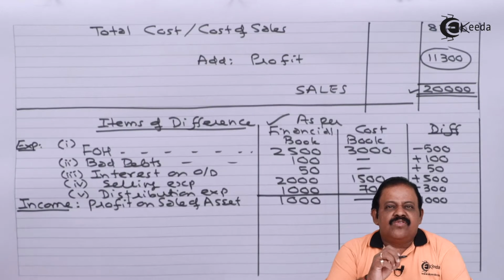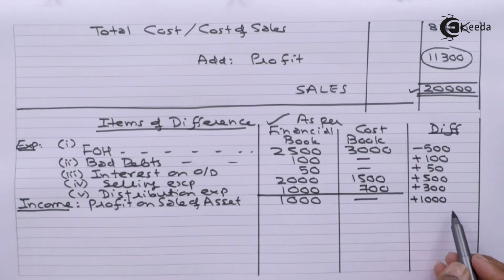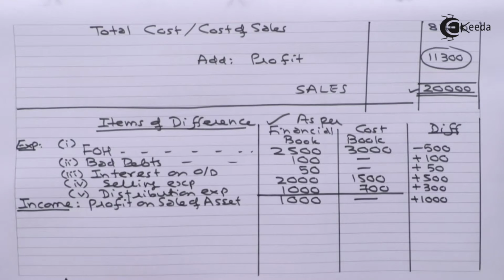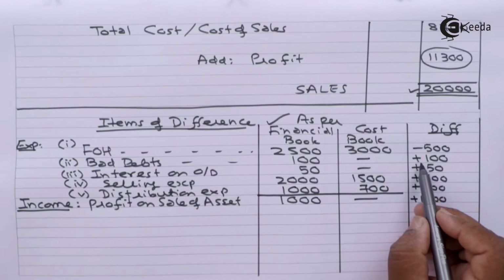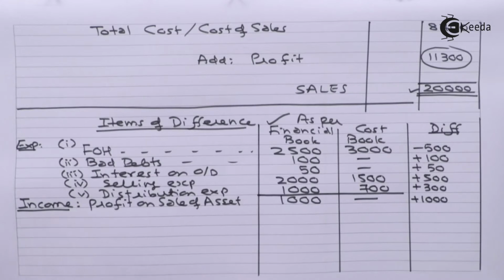Here I am giving you a simple trick. In difference column, if you find sign minus, then in reconciliation statement you have to minus this item. If in difference column you find sign plus, in reconciliation statement you are required to add that item. That is a simple trick.